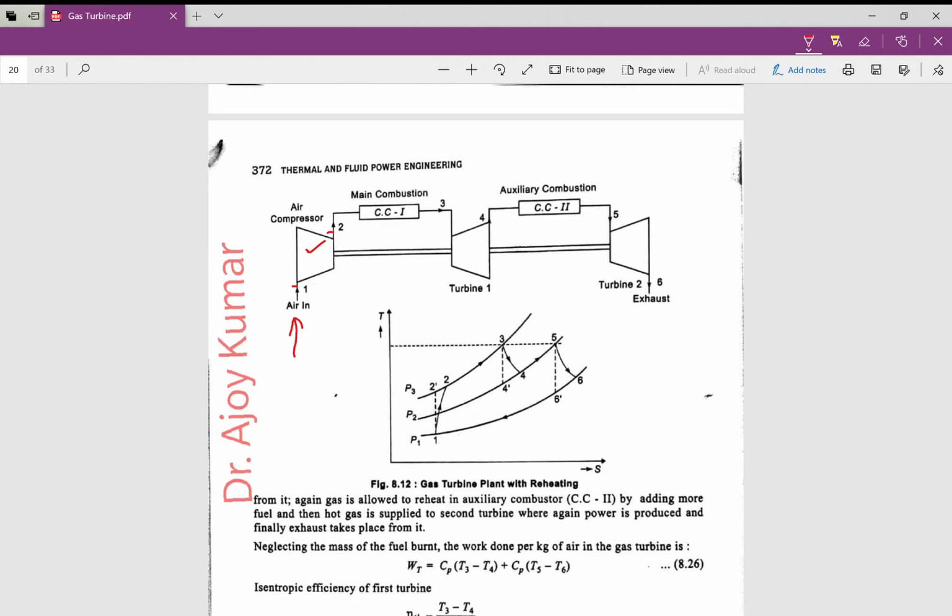This is point 1. Air is compressed from pressure P1 to P3, that is isentropic compression 1 to 2 dash. Isentropic, that is theoretical one. And then actual compression taking place due to friction, this 2 dash point is shifted to point 2.